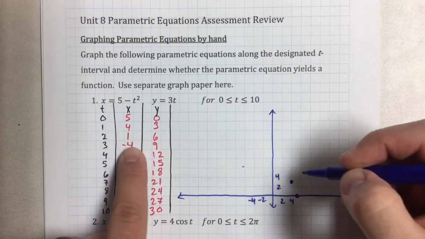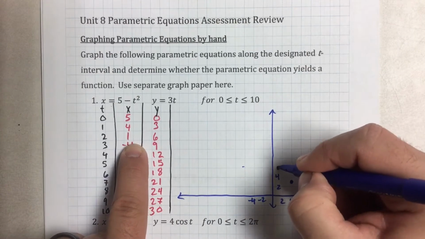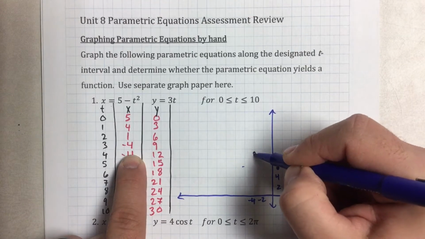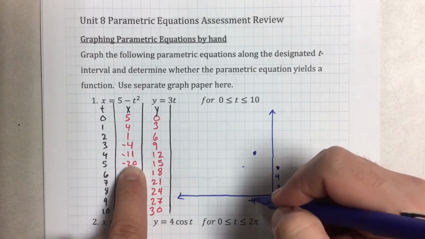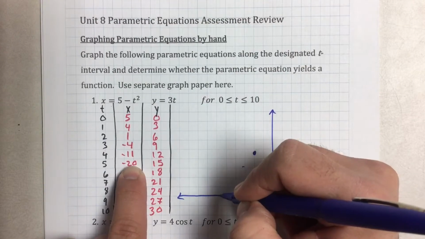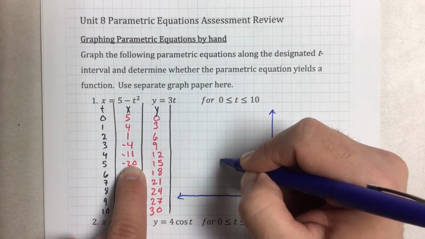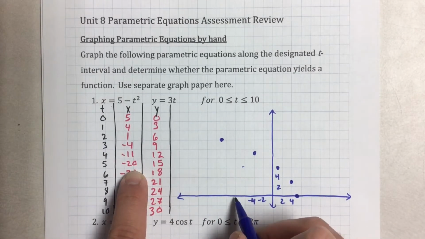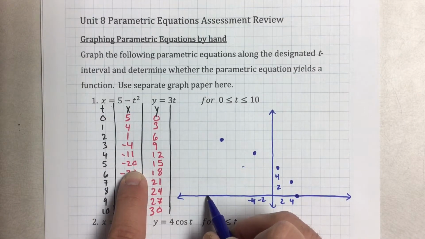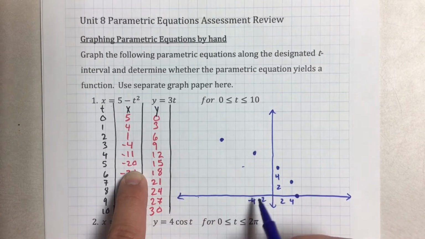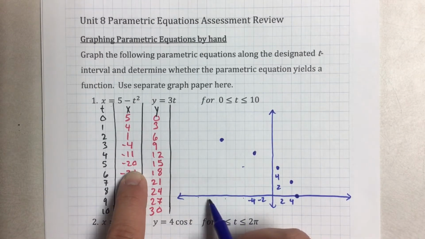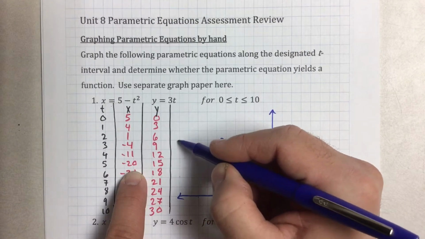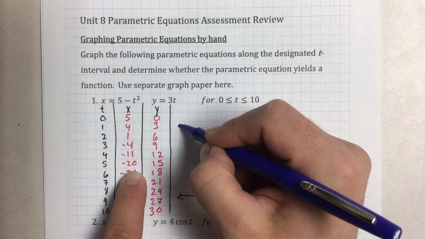Let's count that again. 4, 6, 8, 10, 12, 14, 16, 18, 20, and 2, 4, 6, 8, 10, 12, 14, 15.